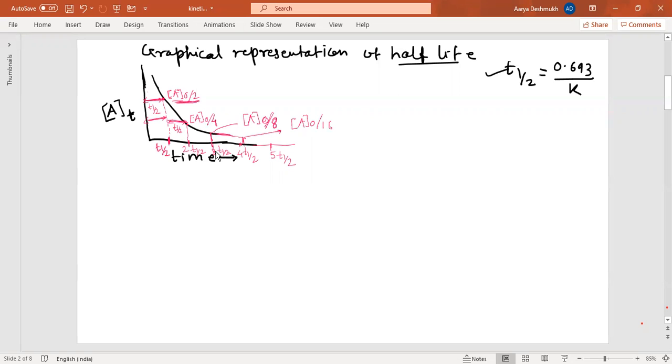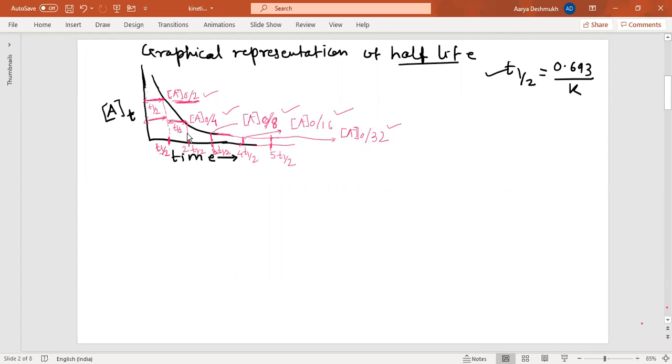Okay, if you extrapolate this graph, for this point, it would be initial concentration divided by 32, and so on. Meaning what exactly we are doing? We are just reducing these values by half. This is T half, this is twice of T half, this is thrice of the T half, 4 times T half, 5 times T half.